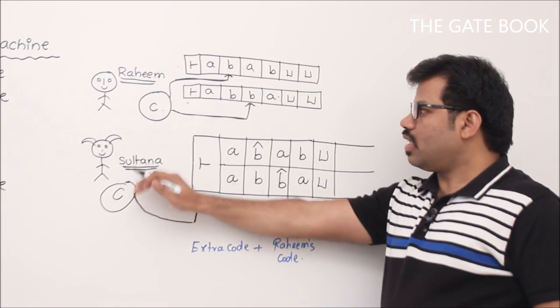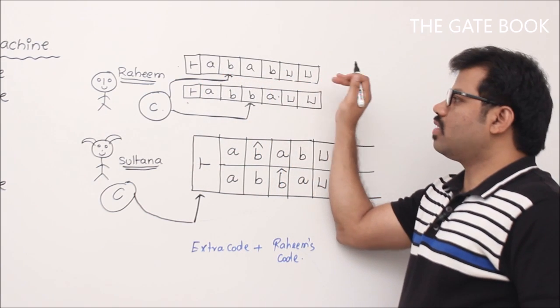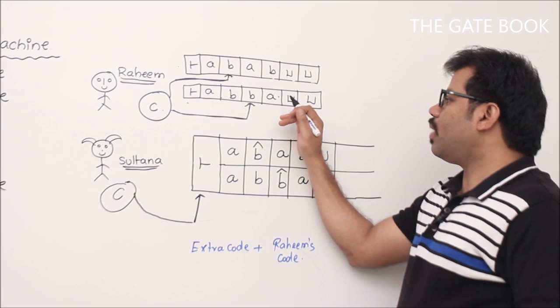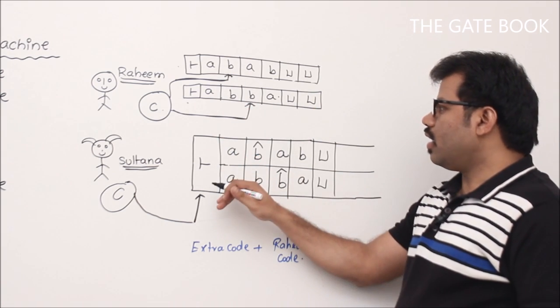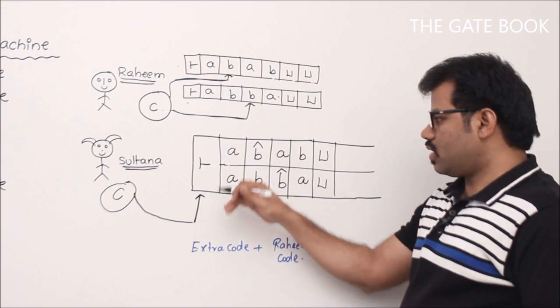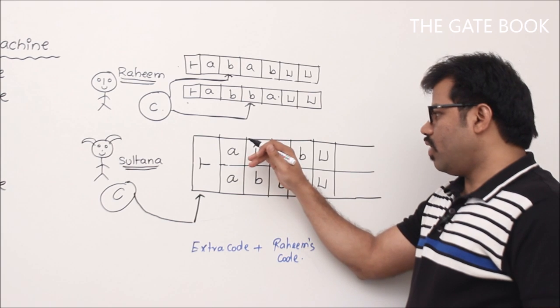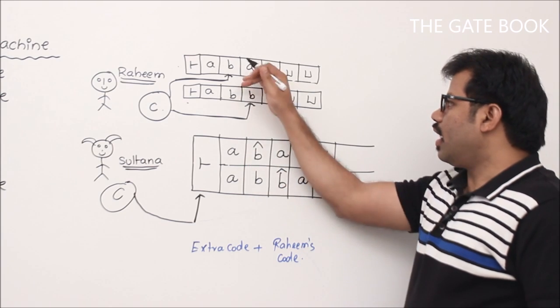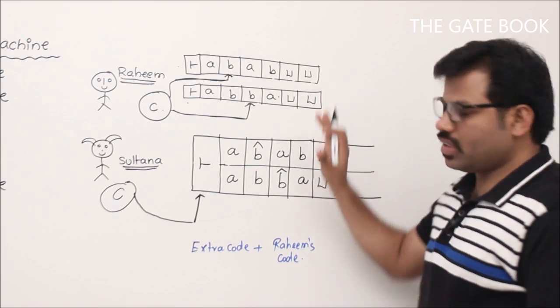So Sultana says, my dear Rahim, see, you have A B blank blank, A B B A blank blank, right? Approximately I also have, you see, A A in my first cell, A A B B, I have a cap. I will tell you why I kept the cap. A B B A exactly, we have the same configuration almost.